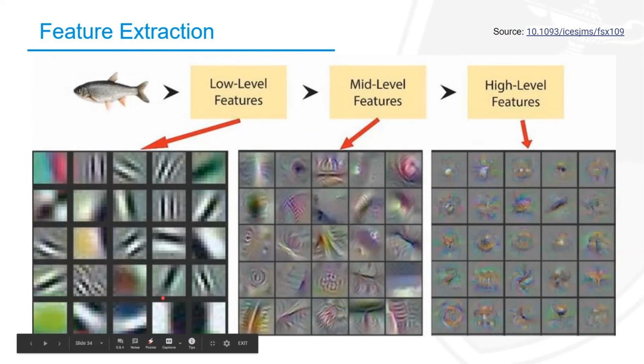These are then combined into what is called a mid-level feature. A mid-level feature consists of various low-level features combined into something more complex. And what you start seeing here is you start seeing patterns and textures arising.